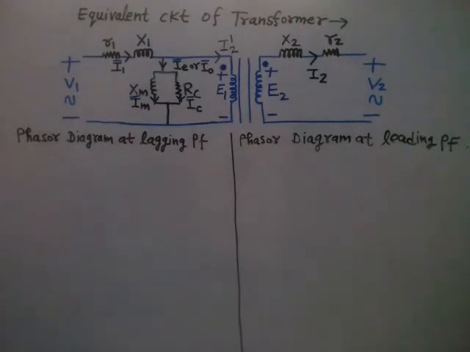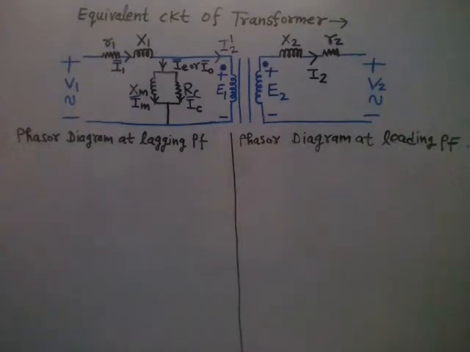So I'll tell you some simple steps on how to draw the phasor diagram. First of all, in step number 1, according to the given load condition, you have to draw the voltage V2 and current I2. Now here there are 4 possibilities.